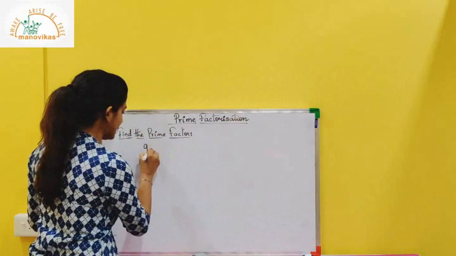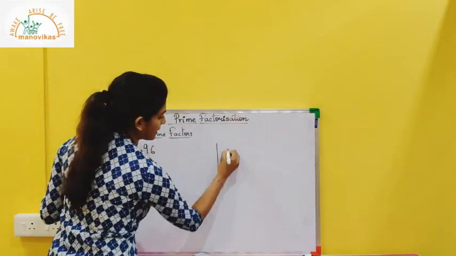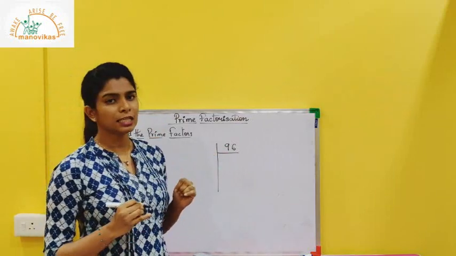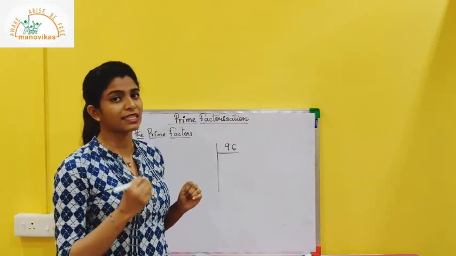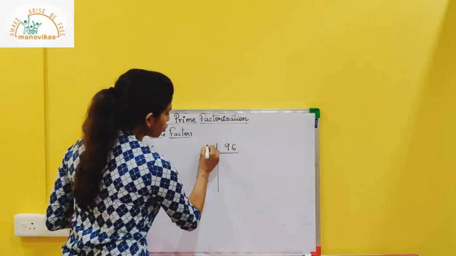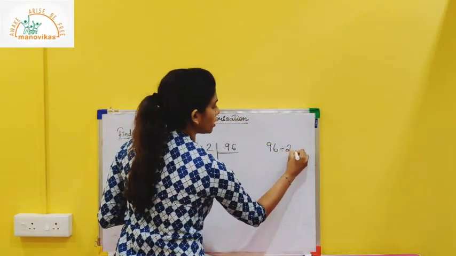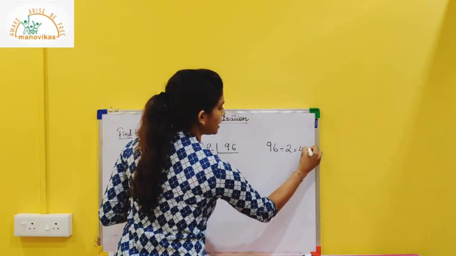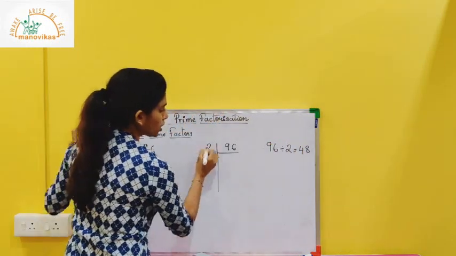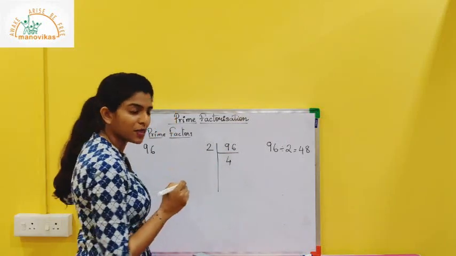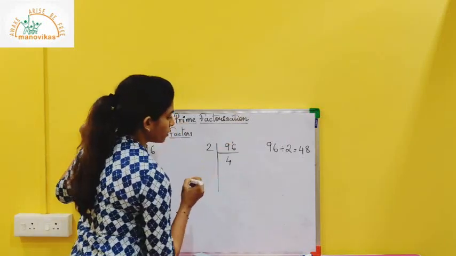Let's take 96. So I write 96 here. Now 96 is an even number. So I will take the smallest prime number, that is 2. So 96 divided by 2 will be 48. 2 4s are 8. So 1 will carry forward.